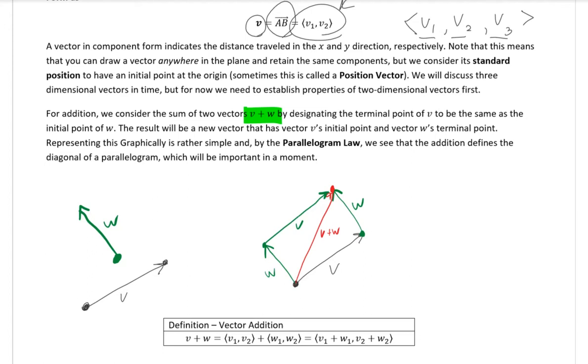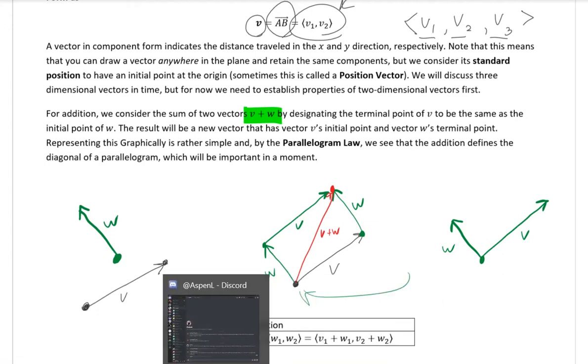If you have both the vectors starting at the same point, for example, I have W coming out like this, and I have V coming out in this direction, note that looks exactly like the parallelogram in the previous case, and we could say that V plus W expands out from that.